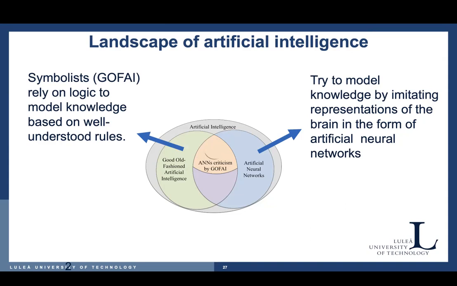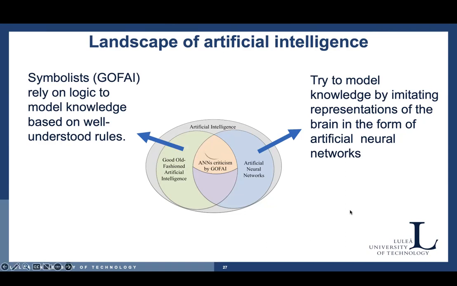And this is important to remember. These two groups, two branches of AI, exist until now. They become more or less popular throughout the time.